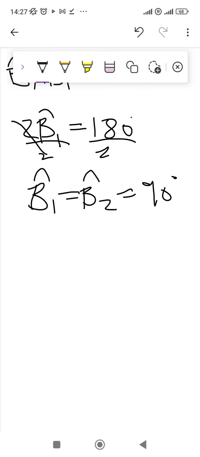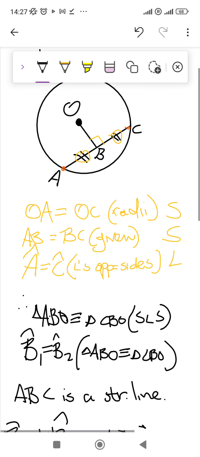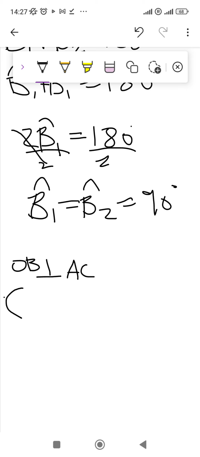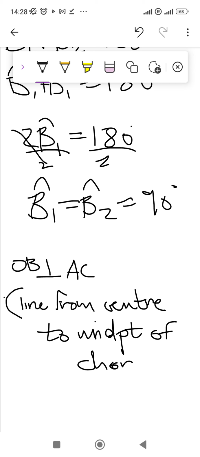So when we use the converse, let's just look back at that quickly. We're going to say that OB is perpendicular to AC, and the reason for us saying this is line from center to midpoint of the chord.